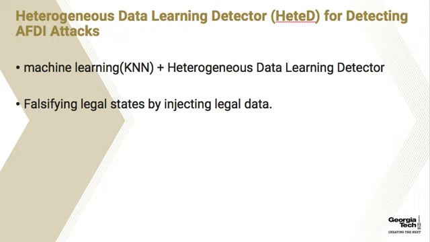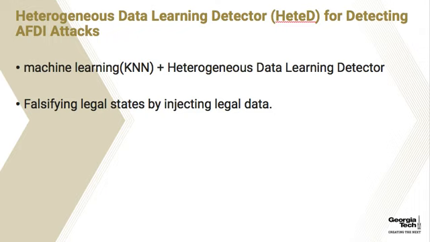In the next couple slides, I will be digging deeper into the approach the authors created to prevent an AFDI attack. The authors set out to create a new detector called Heterogeneous Data Learning Detector, HETED for short.